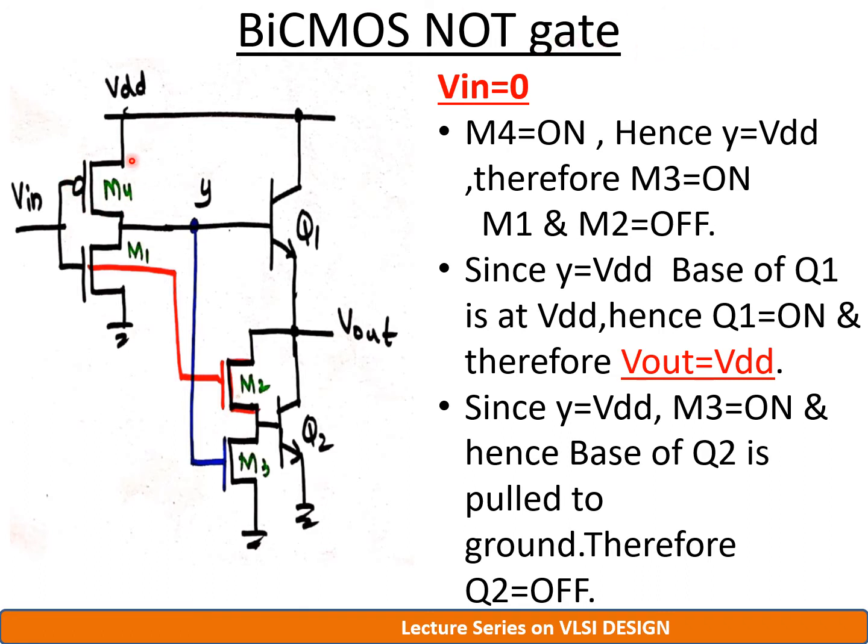So we'll have one P transistor, one N transistor, whose both gates are shorted and connected to input, and the output of the CMOS circuit is connected to base of Q1, and the topmost end of Q1 is shorted to VDD. Q1 is in series with Q2, and the Q2 lower end is connected to ground, and the intermediate between Q1 and Q2 gives you the output.